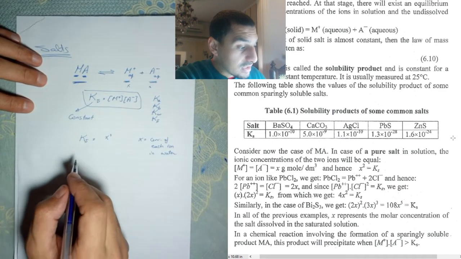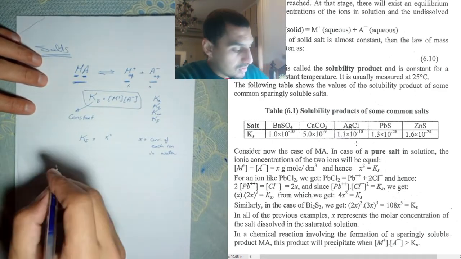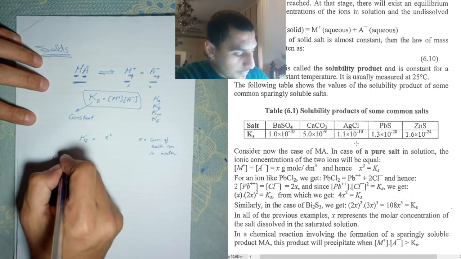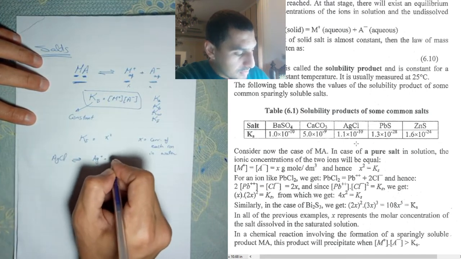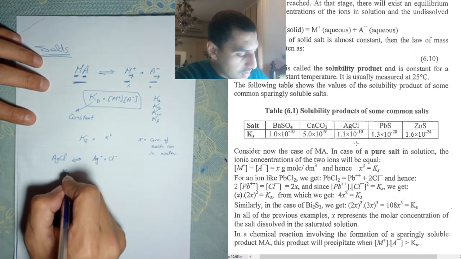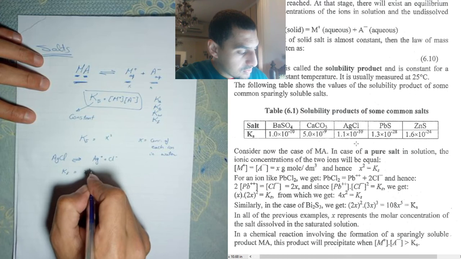This is right, for instance, if we talk about AgCl, which is going to give Ag plus and Cl minus, so the solubility product is going to be X squared.